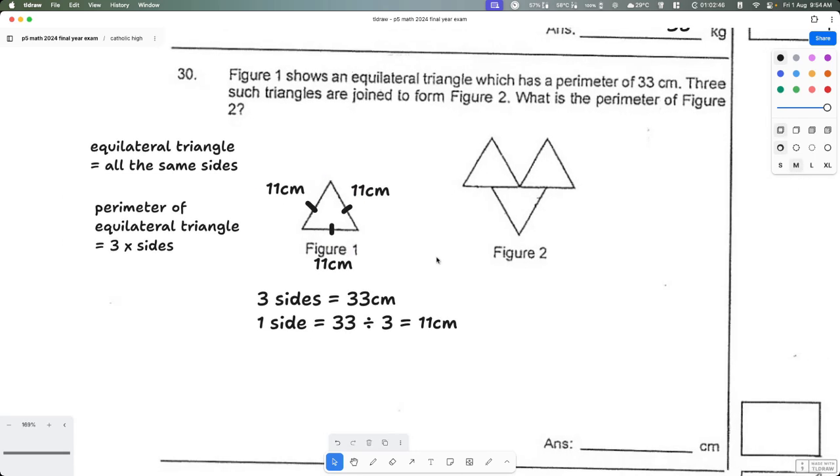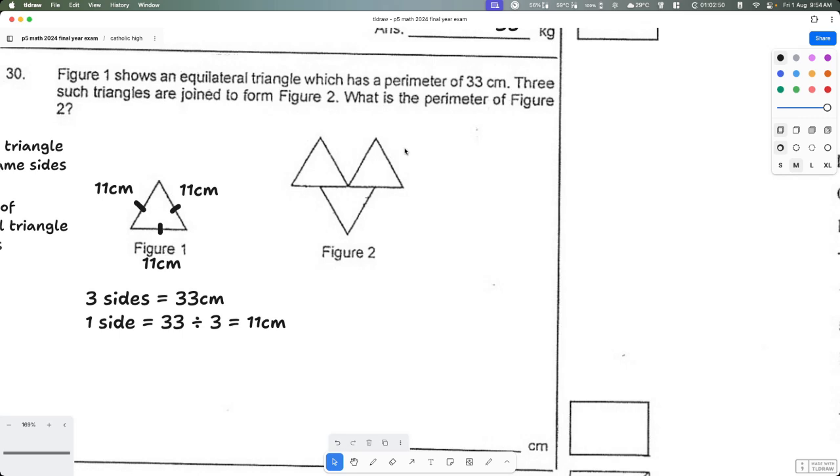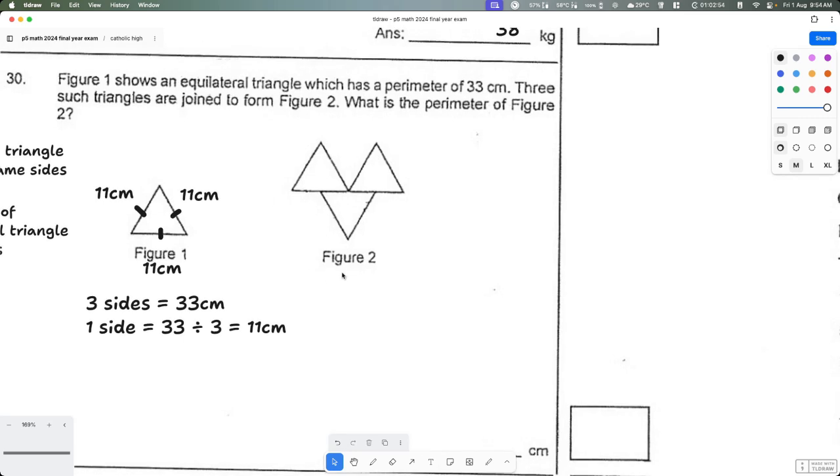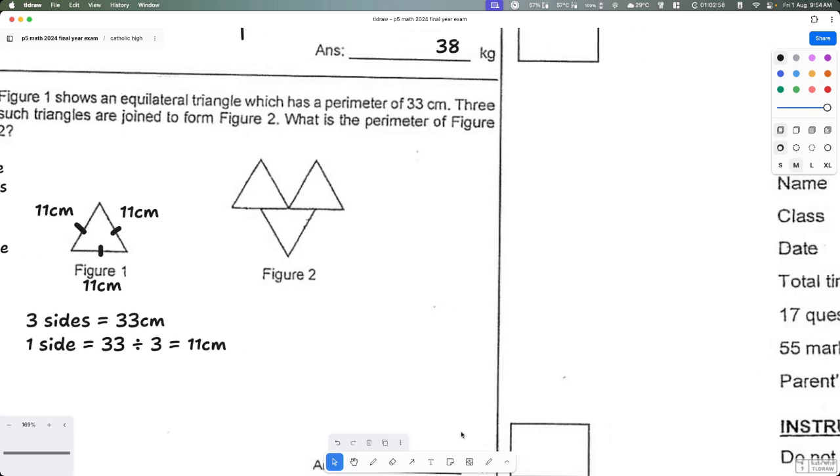Now how do we get figure 2? In this case, you actually can move figure 2 to become another figure. So I'm going to draw a triangle. I have 2 triangles over here, and then I have one at the bottom.